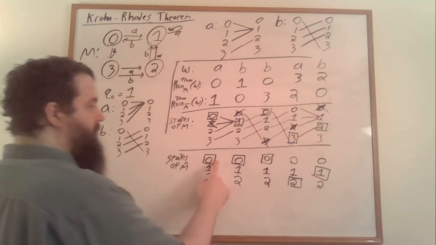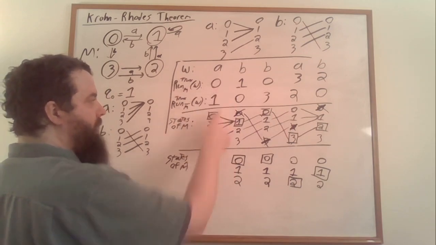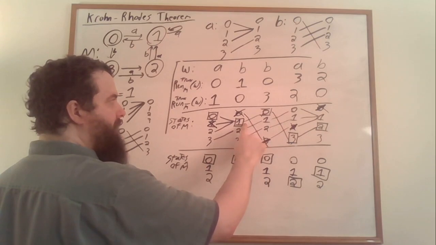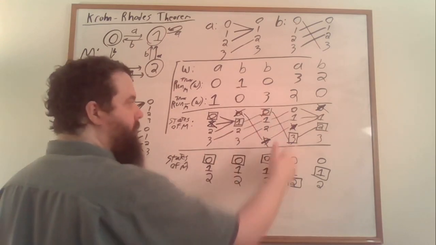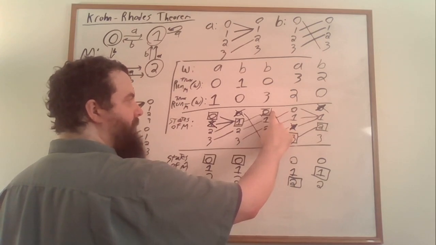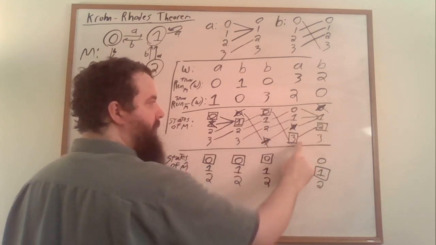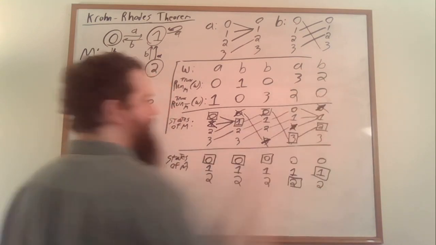Right? This tells us that we're in the first of the remaining states, so M must be in state 0. This tells us that we're in the first of the remaining states, so M must be in state 1. The first of the remaining states, so M must be in state 0. The last of the remaining states, so M must be in state 3. And the middle of the remaining states, so M must be in state 2.